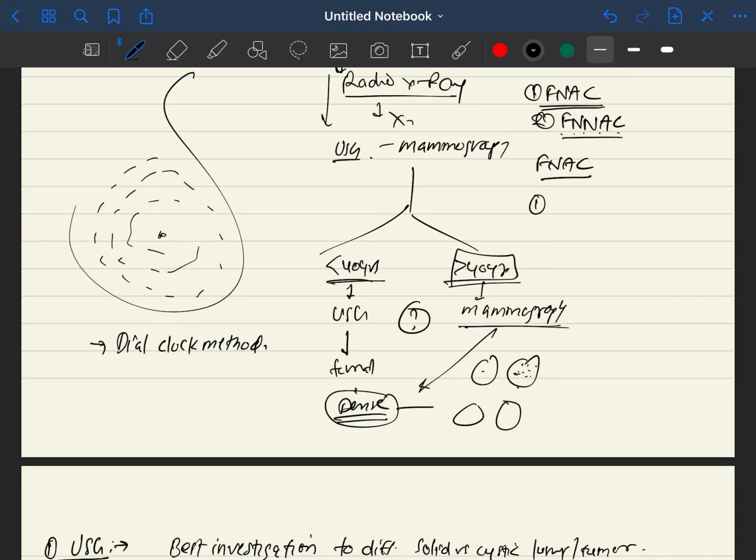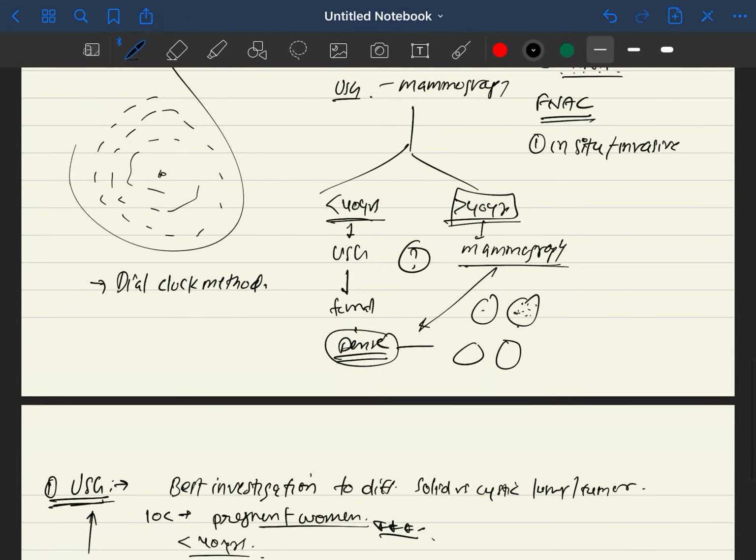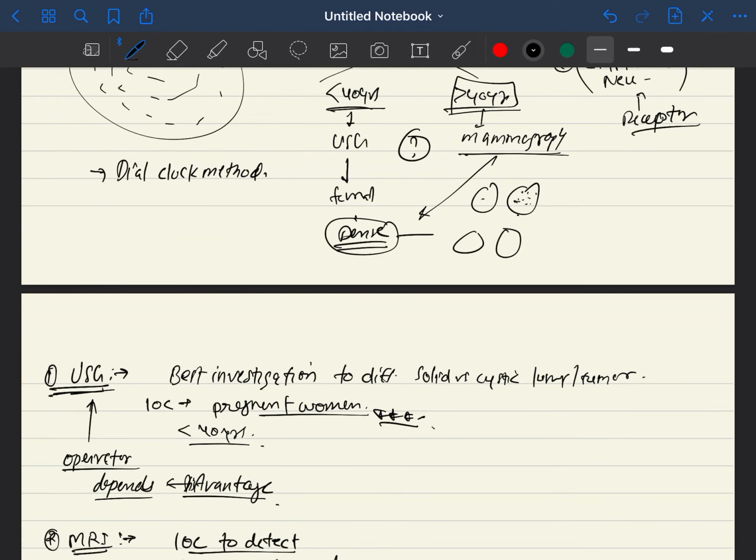Alright, we don't know if the cancer is in situ or invasive, so we cannot differentiate. The second one, in FNAC we don't know the status of ER, PR, HER2/neu. Alright, these are the receptors I will tell about later, just be with me. And there is a very high false negative rate.